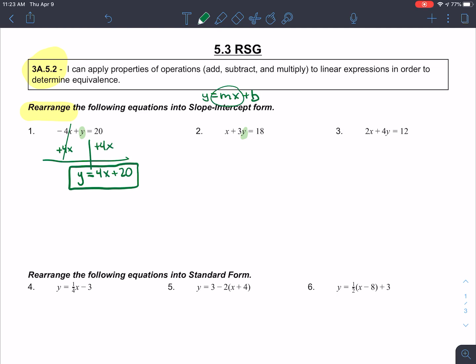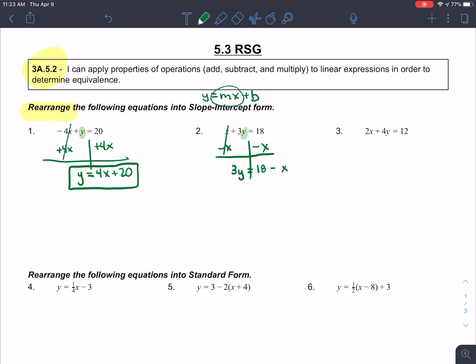So normally we would add or subtract last, but in this case, we're actually going to add or subtract first. We're going to undo that. So I'm going to take away x from both sides because that will cancel out my x's. Now I have 3y equals 18 minus x.